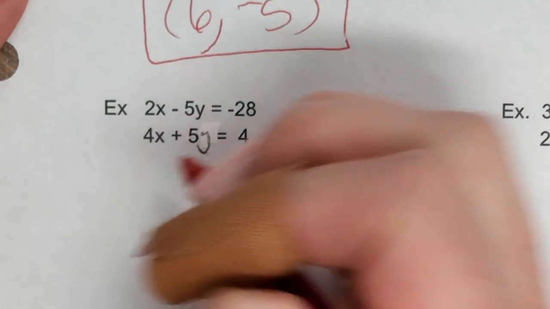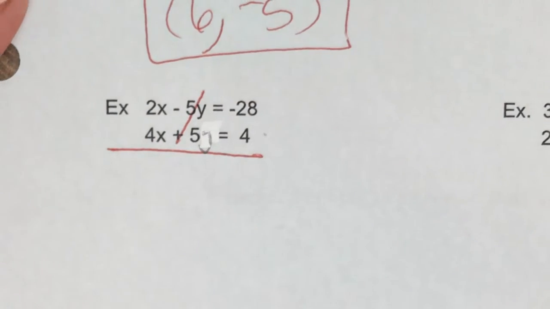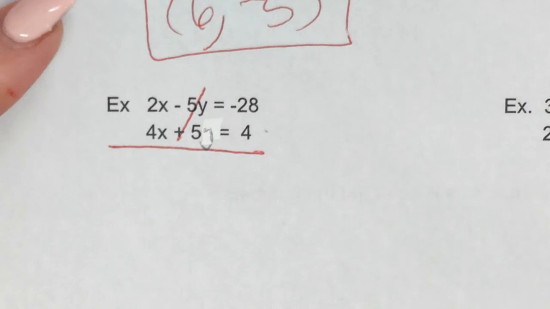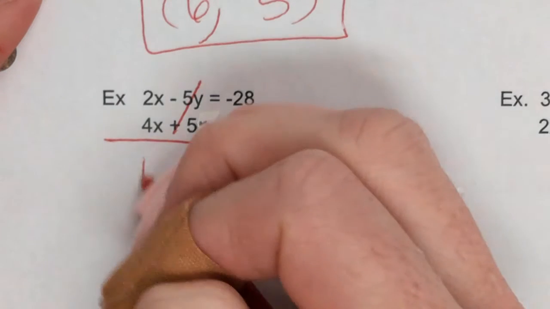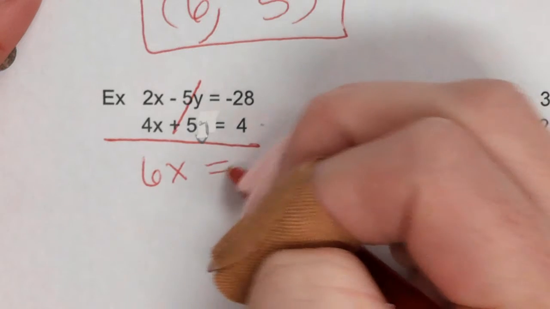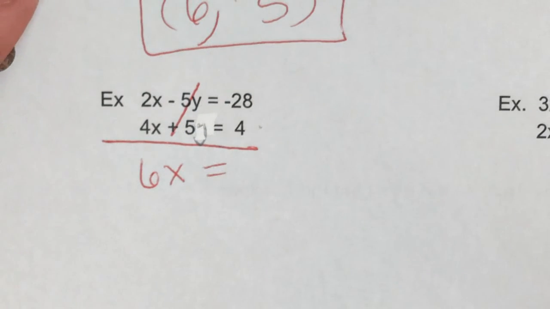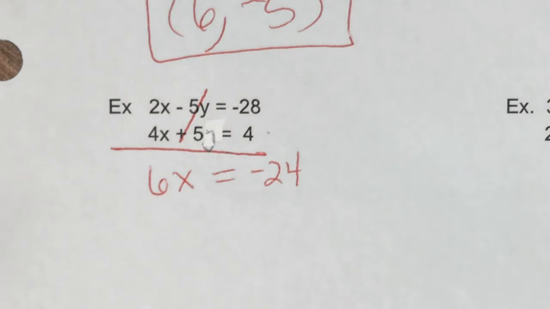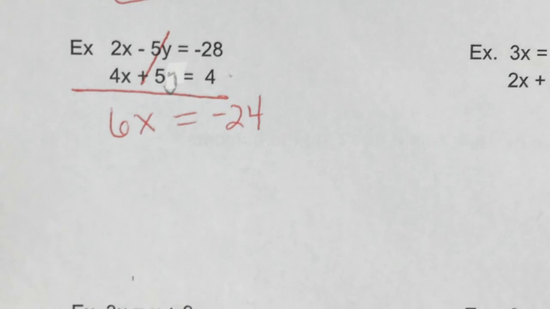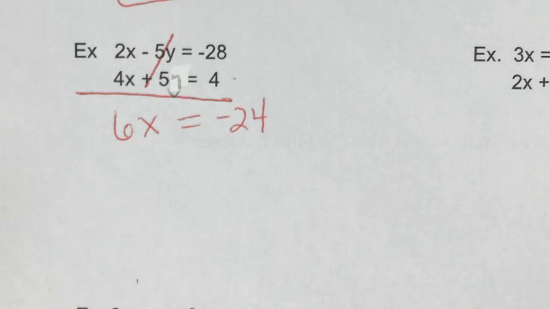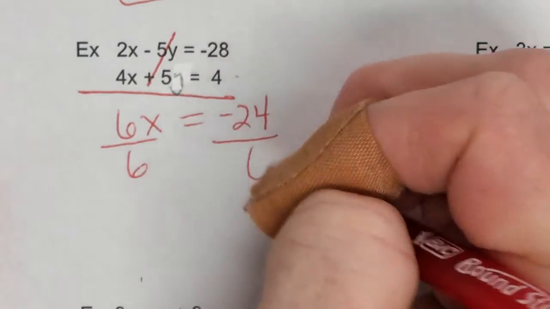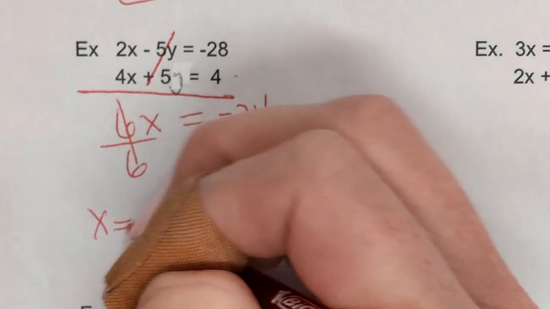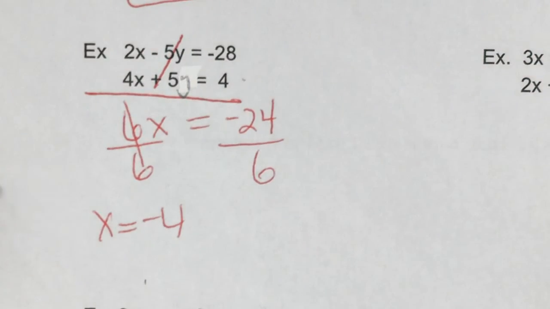The 5y's. So 4 plus 2 is? So 6x equals, and negative 28 plus 4 is negative 24. Divide both sides by 6. And you get x equals negative 4.